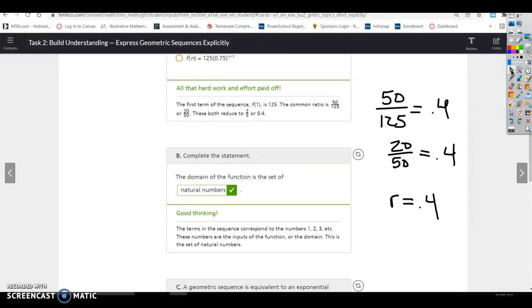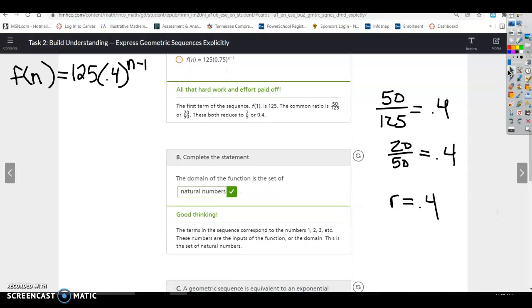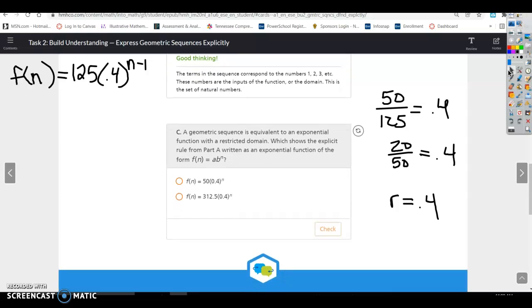Our rule that we're given is f of n equals 125 times 0.4 to the n minus 1 power. And we want to write it as b to the n power, not the n minus 1 power. So let's see if we can manipulate this equation just a little bit.